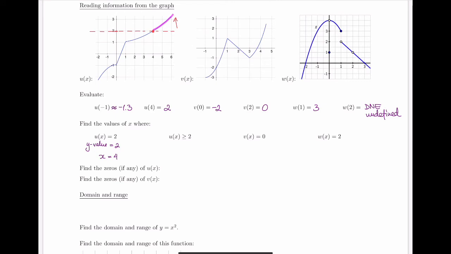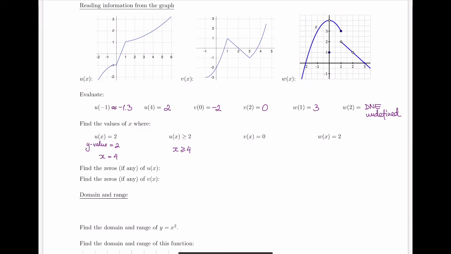And that means the x values are from here on, so from here and on to infinity. Notice that I'm asked to include 2, which means that this point where it is equal to 2 is also going to be included. So in this case, I can say that x has to be greater than or equal to 4.